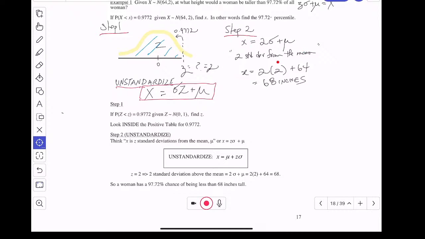You have to unstandardize what you get, turning from Z to X. But this is essentially the backward problem, trying to find how many standard deviations you are away and then converting it into the units of the problem. All right. Oh, I explained it all here in the notes.